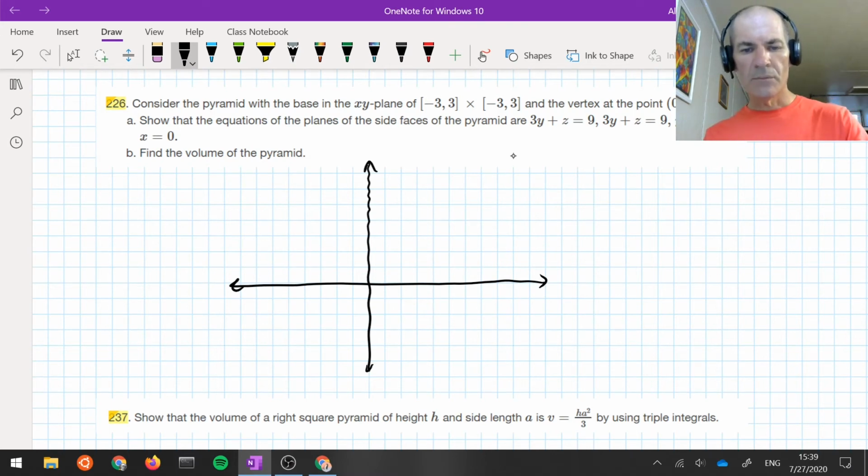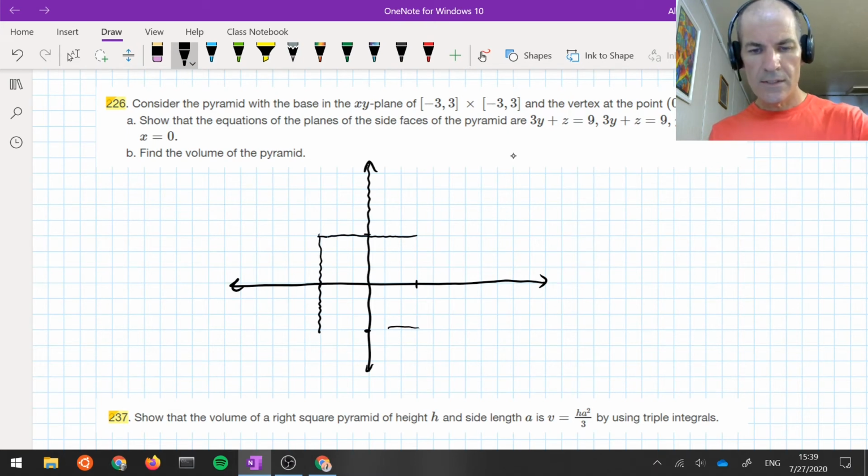This pyramid has a base that sits on the interval -3 to 3 cross -3 to 3. So from -3 to 3 here to here in the x direction, and -3 to 3 here and here in the y direction. And we can connect those dots like that.